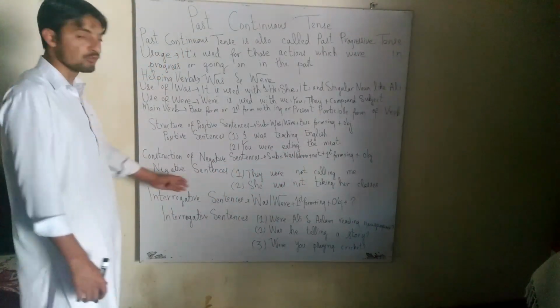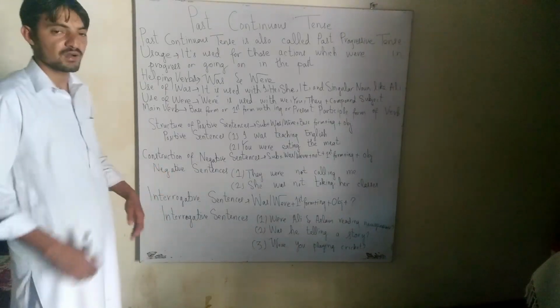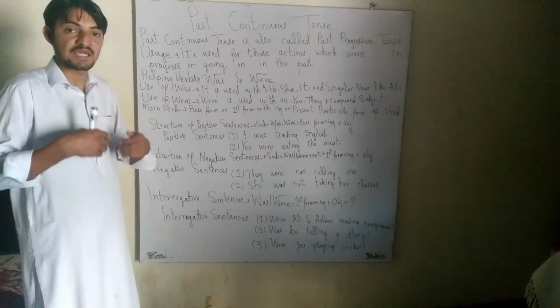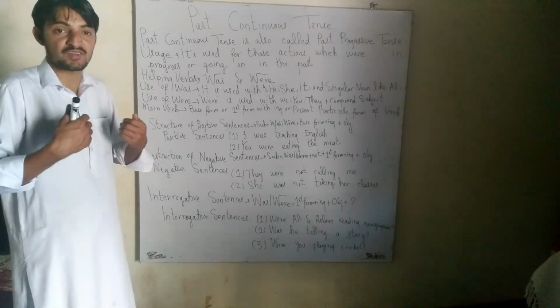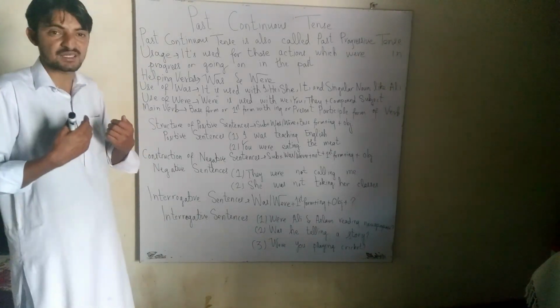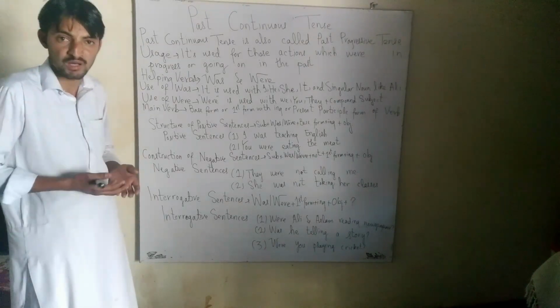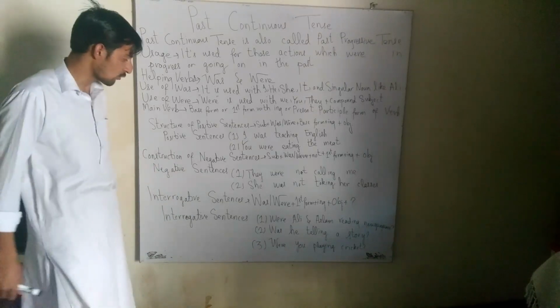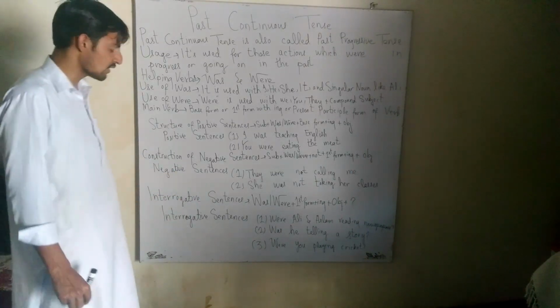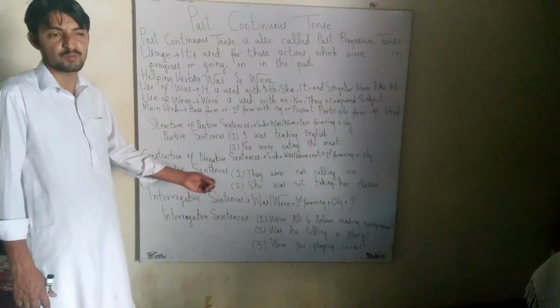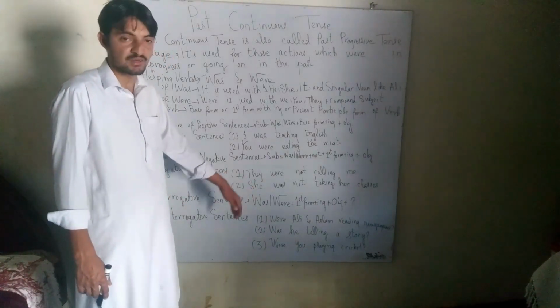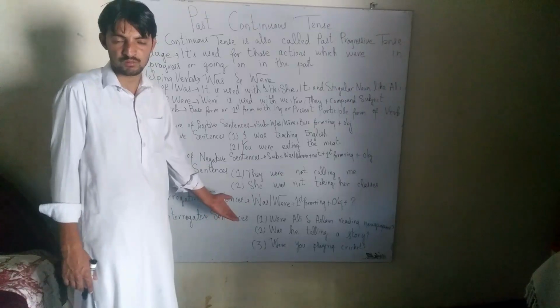Okay. Then moving on to interrogative sentences. What is the structure of how to form an interrogative sentence of past continuous tense? You have to understand the basic formula of past continuous tense. For a sentence to be interrogative, we have to use the helping verb or auxiliary verb, in this case was or were.